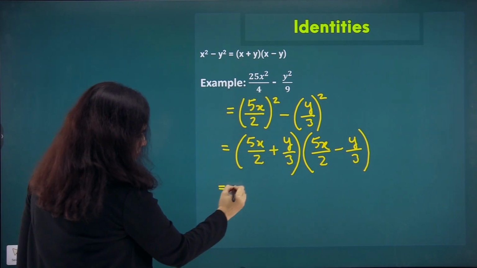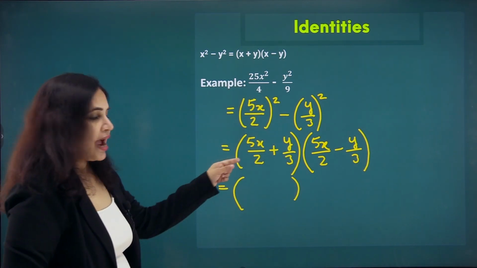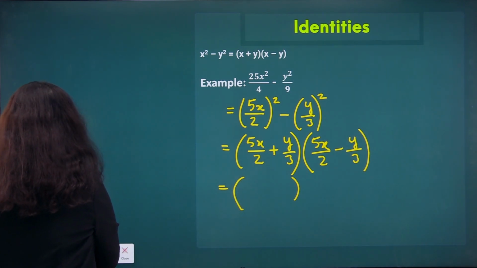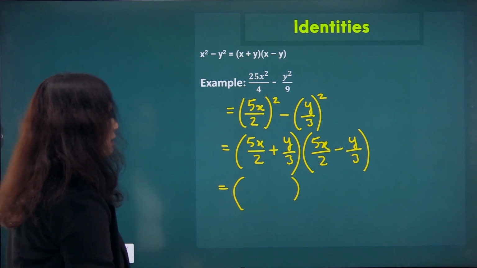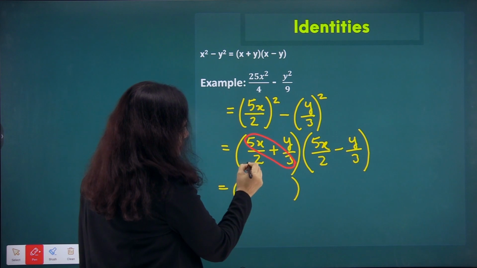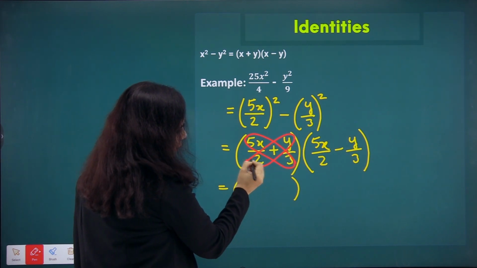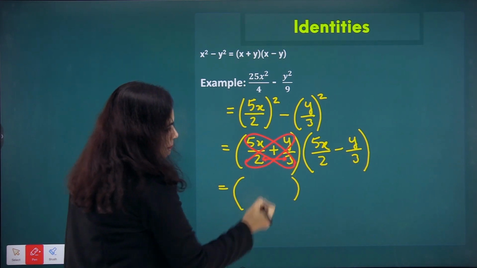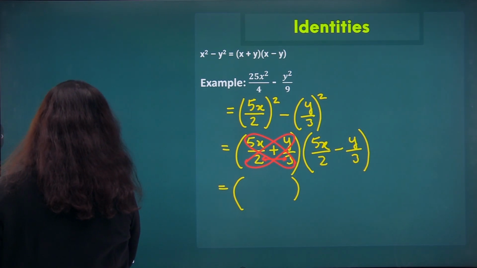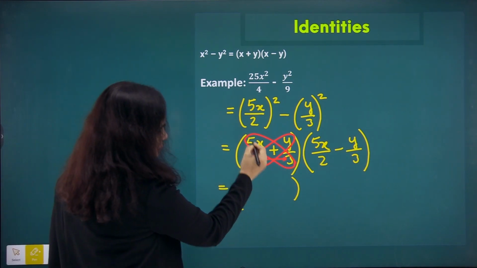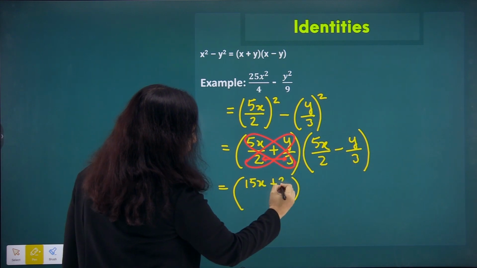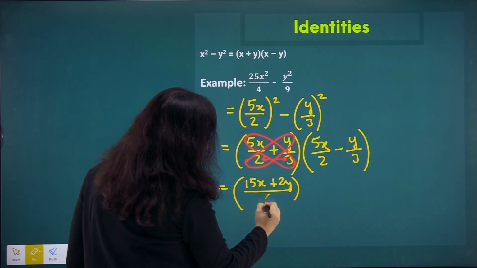Simplifying it further, for adding and subtracting two fractions, the best way is to use the butterfly method. What is the butterfly method? We multiply 3 with 5x and 2 with y, and the denominators are multiplied by each other. So when I multiply them, what do I get? I get 3 into 5x, 15x, 2 into y, 2y, upon 6.